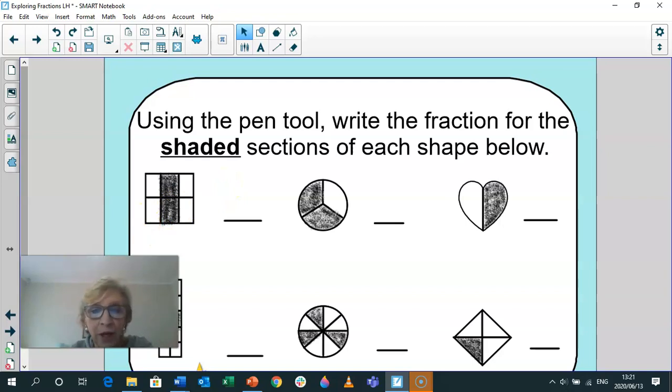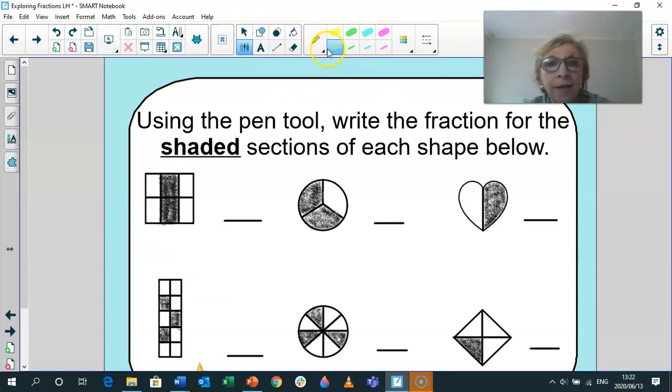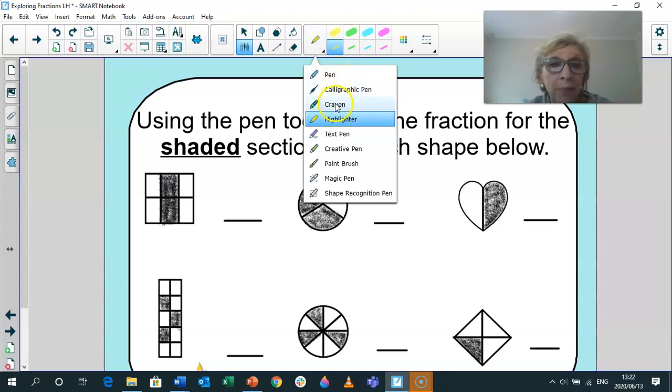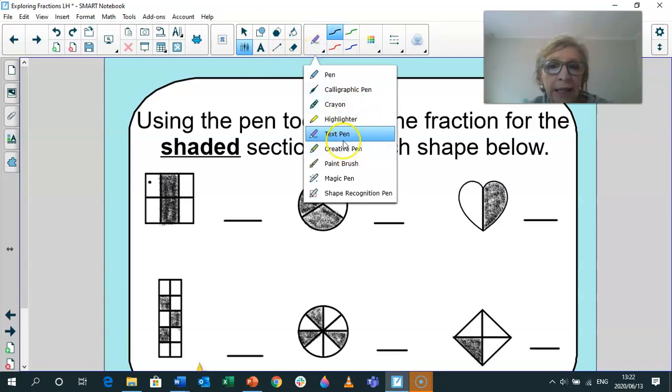So now this time we are going to write. Using our pen, we're going to write what the fraction is that is shaded. Well, first, what we've got to understand is we need to count and see how many equal parts we have there. Okay, so let's have a look. Actually, let me rather go back to my highlighter.